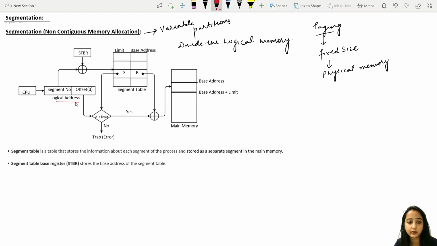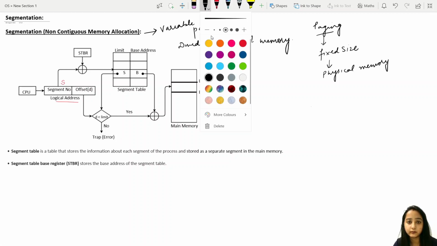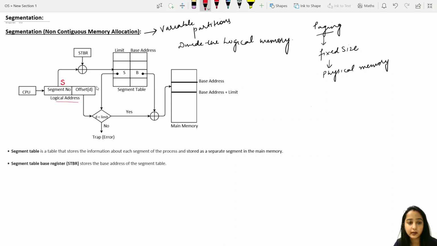Logical address we define with the segment number, that is S, and with D. So S and D make the logical address. And we have here STBR. STBR is the segment table base register that stores the base address of the segment table.